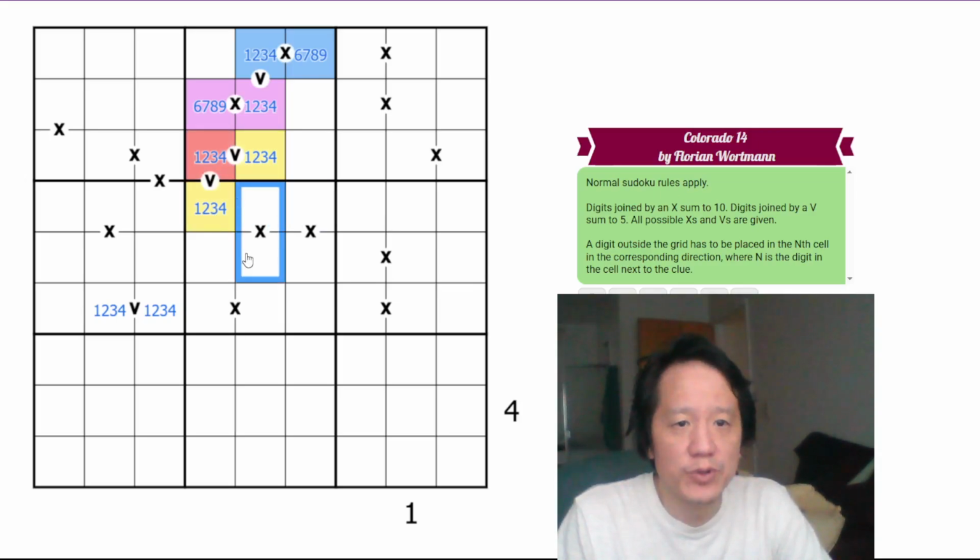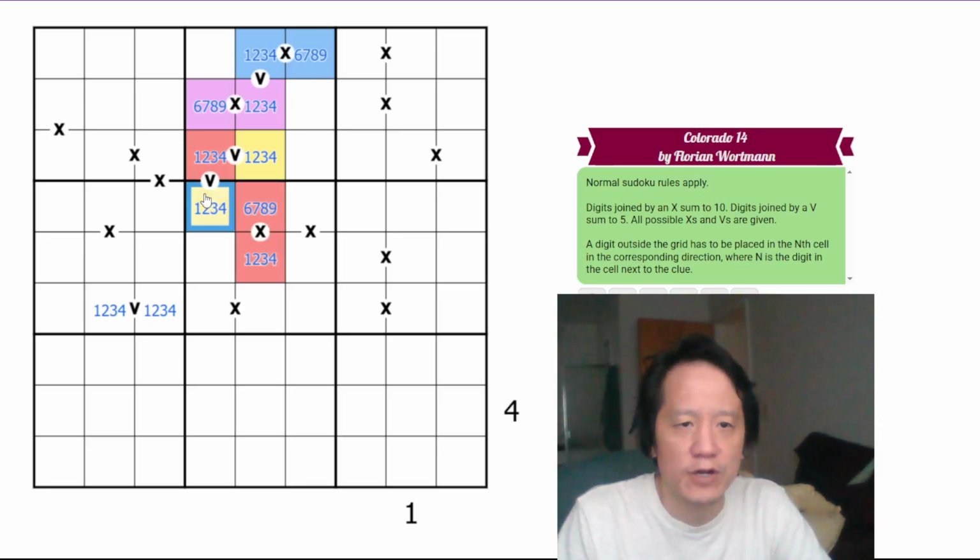This cannot be blue, pink, or yellow for the low, so these must be 1 through 4 to 6 through 9, and if this were the low red, this would have to have a V in between, here and here. So this is the 6 through 9 version. This is 1 through 4. This can't be the blue 6 through 9, or the blue digits adding up to 10, because it sees one of them here.